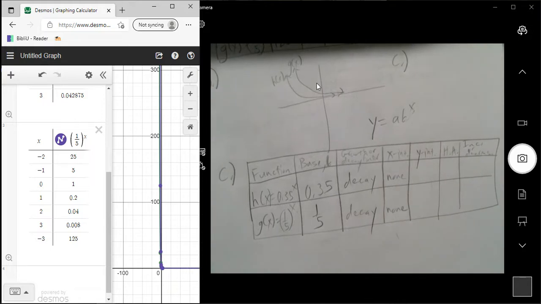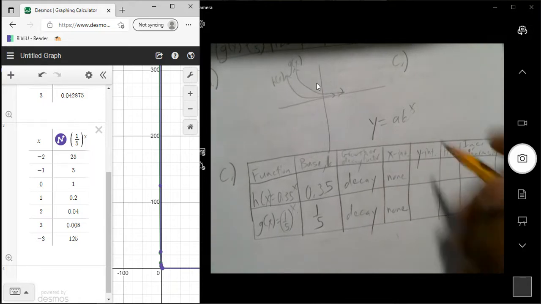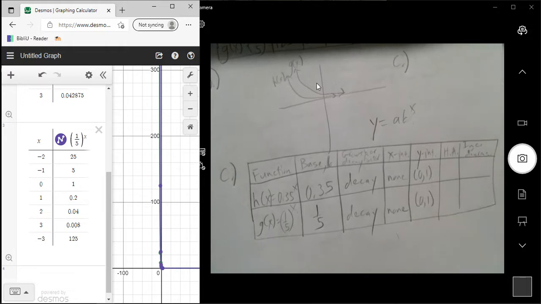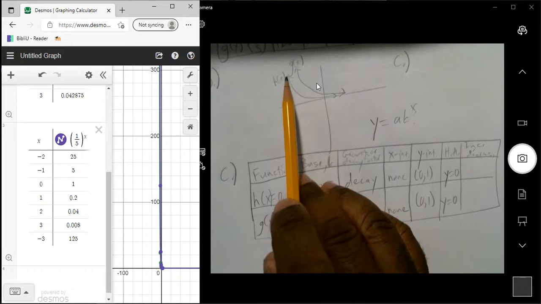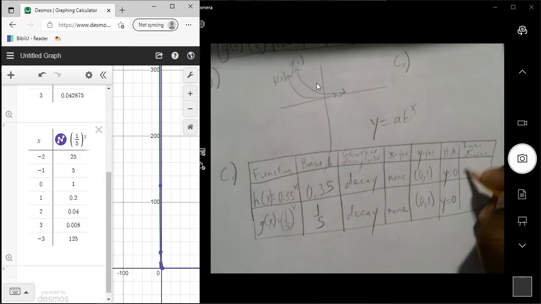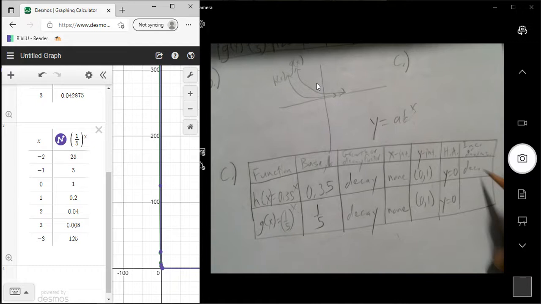The y-intercept, both of them hit at 0, 1. The horizontal asymptote is when y is equal to 0. And whether it's increasing or decreasing, looking at this from left to right, it's going down. So that means it is decreasing.